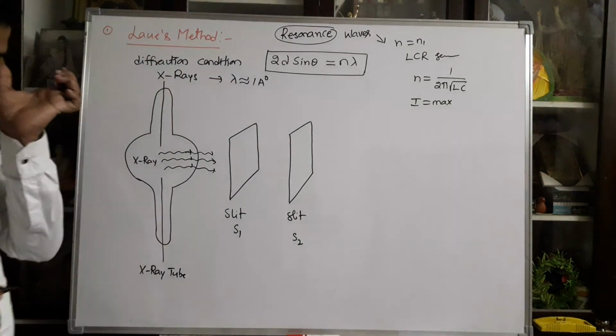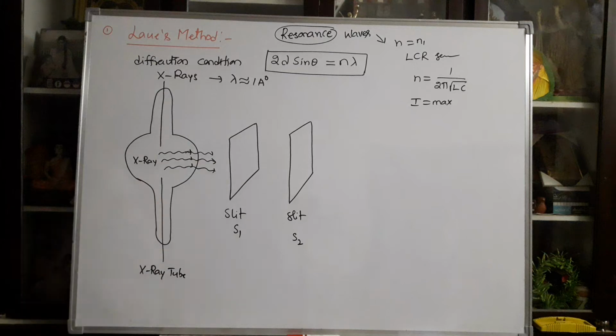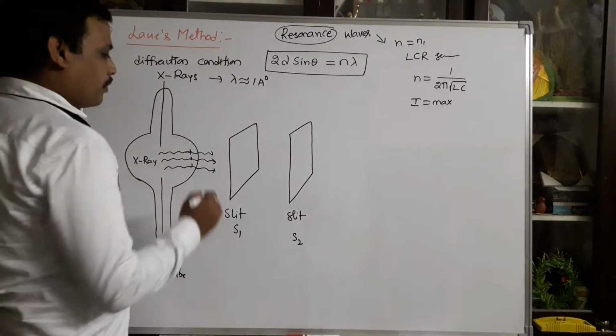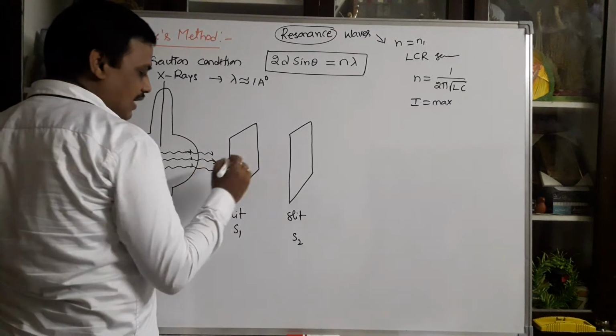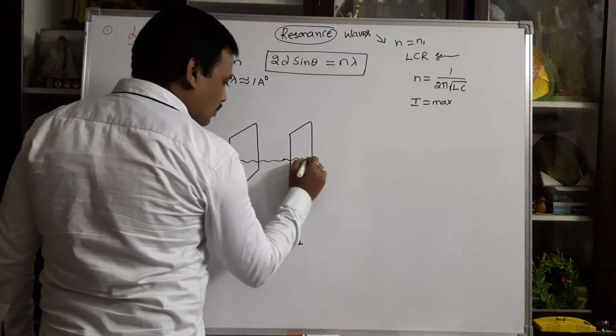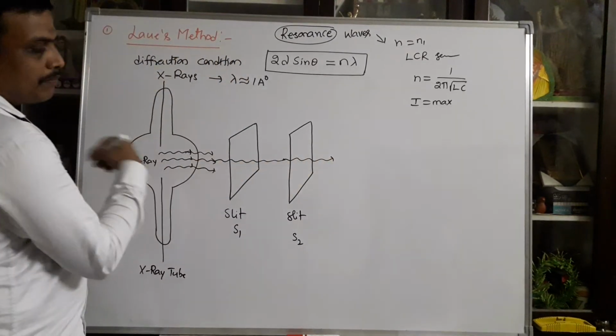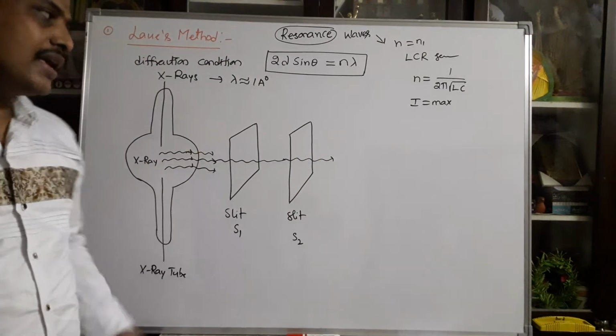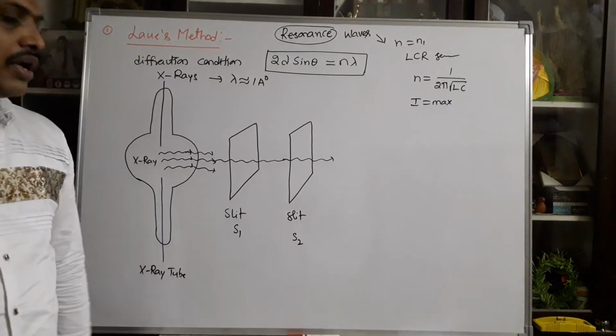What is the main use of slits? These slits are used for passing a fine X-ray beam. Only a single X-ray is coming through, and the remaining X-rays are reflected back. So by using these slits, only a single X-ray comes out of the slits.